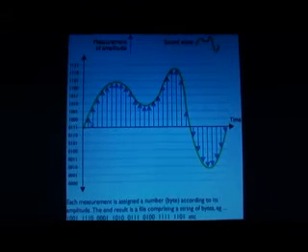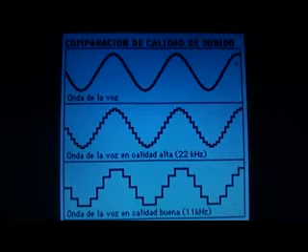But when the device takes that point and the other point, what is that interval? Okay, that interval is determined by the sample rate. In this picture we can see how important the sample rate is. We have an analog signal, a continuous signal, and the other is a digital signal.